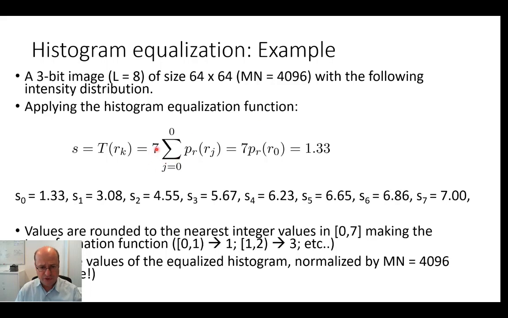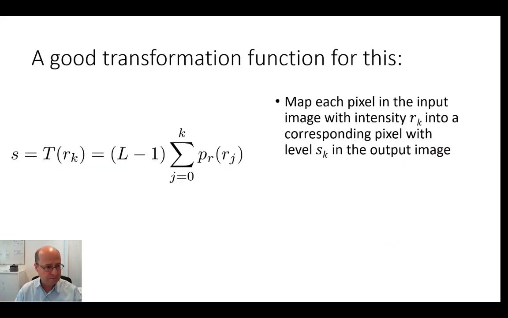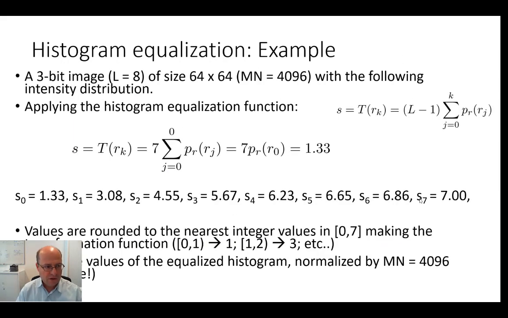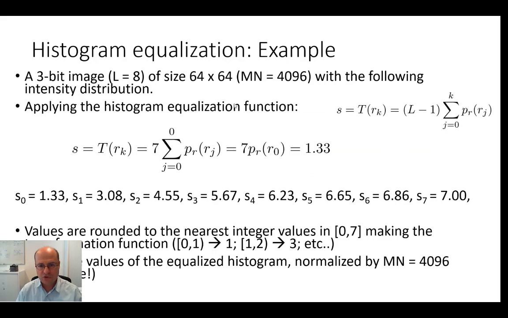So considering this distribution, we want to apply the histogram equalization function, which I copied here just to make it easier to understand. So L minus 1 will be, I have 8 values, minus 1 is 7, and this is the cumulative distribution, right?